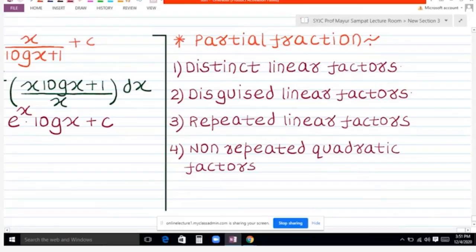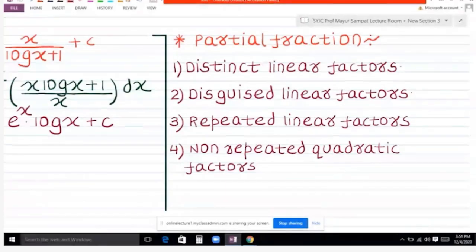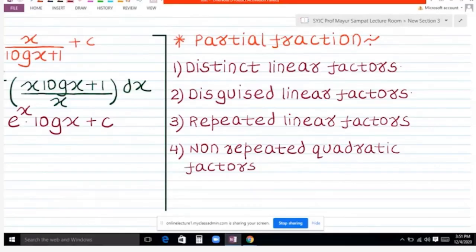How will you know this? The answer is very simple: whenever the given integrand is in the form of numerator upon denominator, and the terms in the denominator are enclosed in brackets, that indicates that the given sum is going to be solved by using the method of partial fraction.